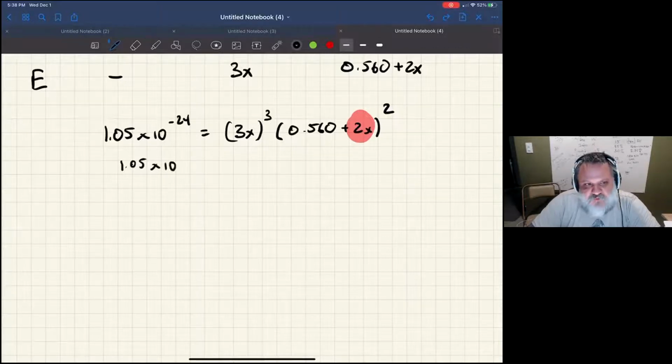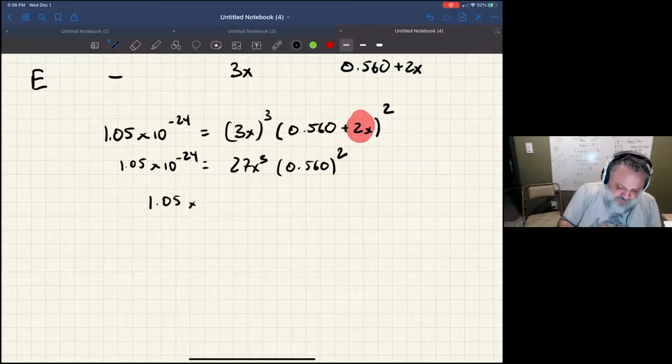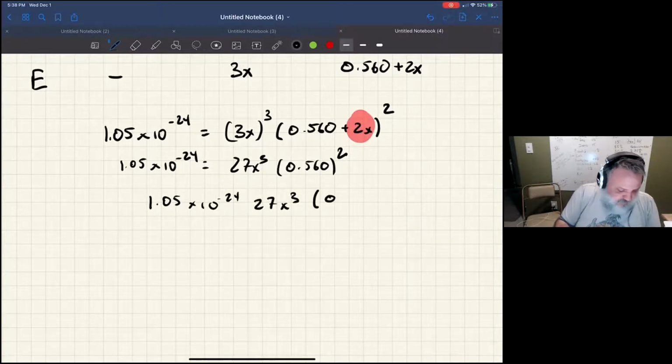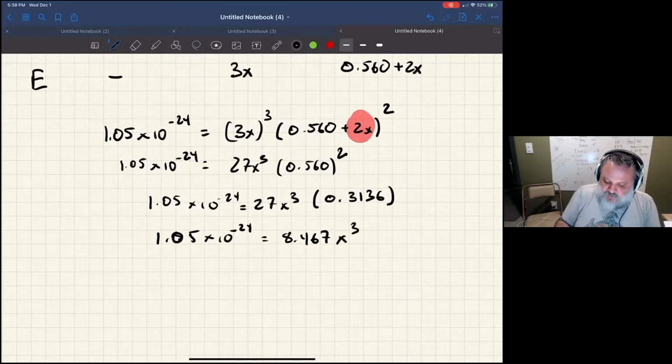So I get 1.05 times 10 to the negative 24th. Let me go ahead and cube everything. So 27x cubed times 0.560, and that needs to be squared. What's left then is 1.05 times 10 to the negative 24, equals 27x cubed times 0.3136. Finally, I get 1.05 times 10 to the negative 24 equals 8.467 x cubed.